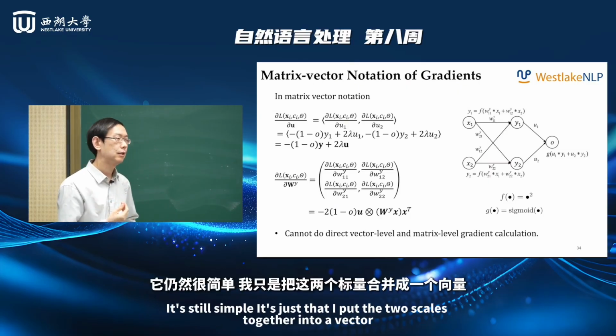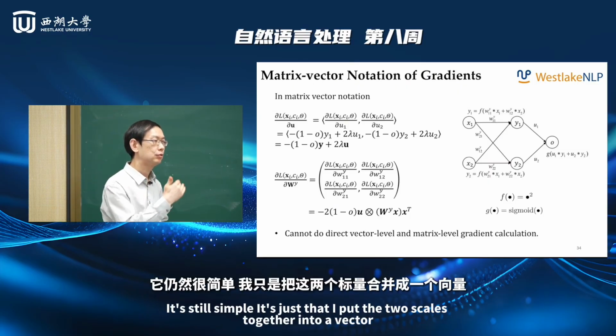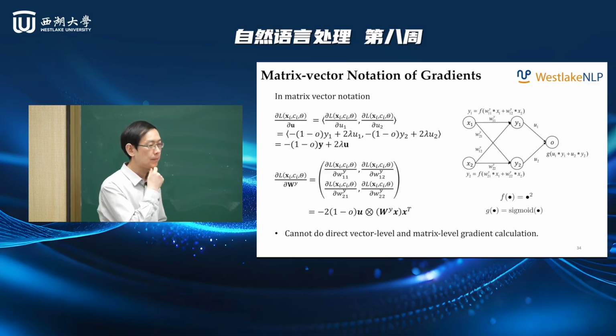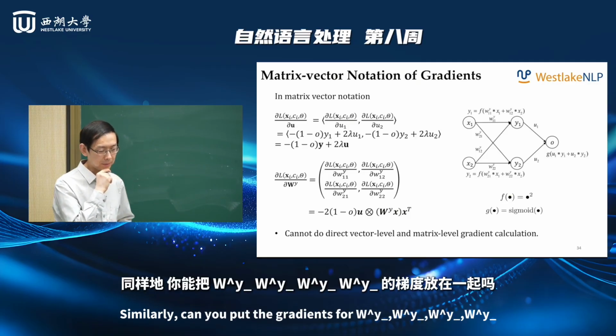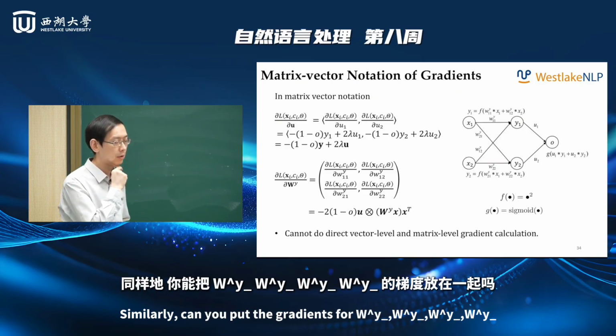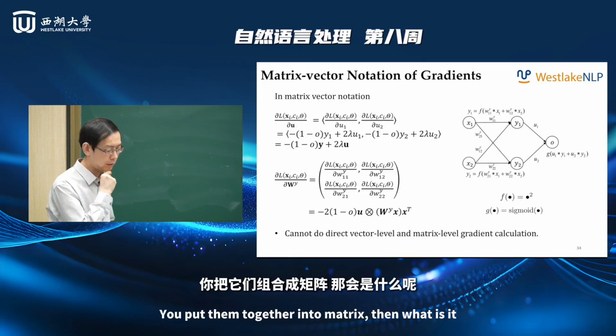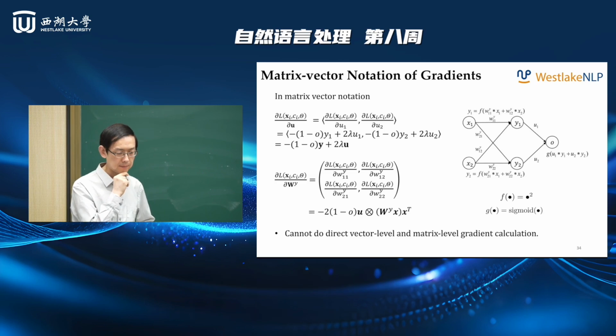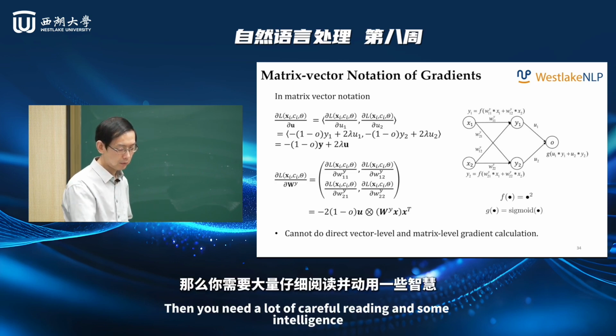It's still simple. I just put the two scalars together into a vector. Similarly, can you put the gradients for wy11 to wy22 together into a matrix? Then what is it? Then you need a lot of careful reading and some intelligence.